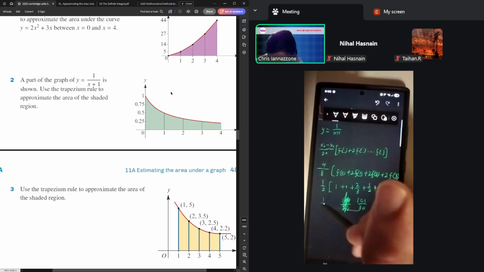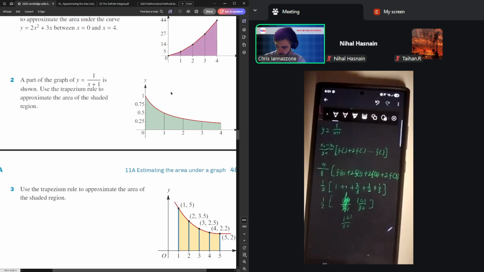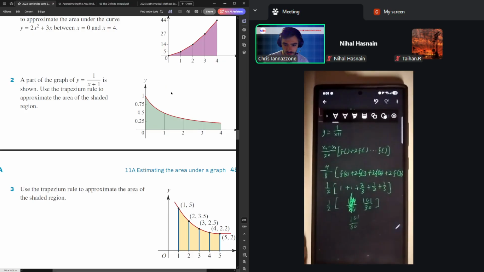You still have that half on the outside, so 101 over 60. That's pretty much it. Obviously, there's a bit more nuance to the fraction arithmetic there. I did skip that a little bit, so the number of lines that you would do would increase a little bit more.